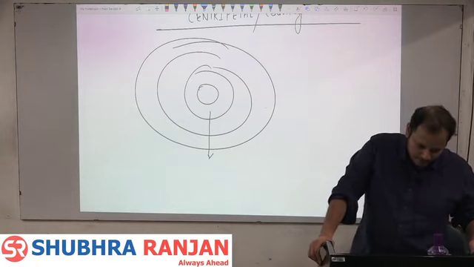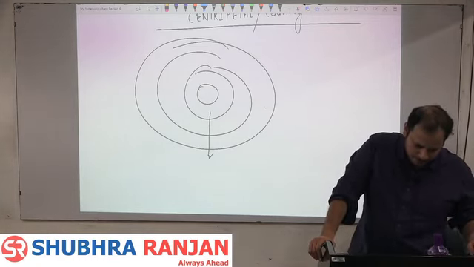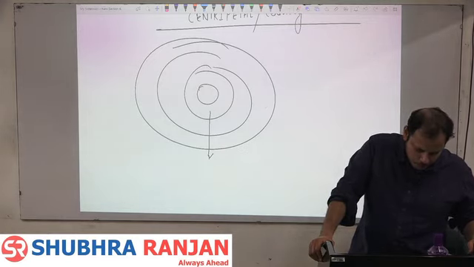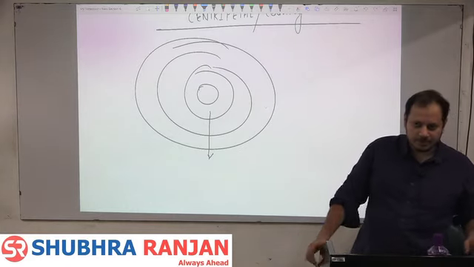The centrifugal force is always equal in magnitude, but opposite in direction to centripetal force.